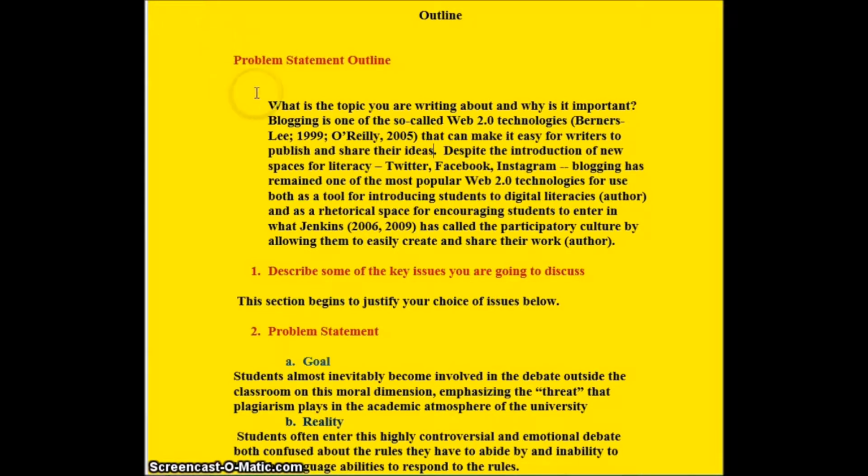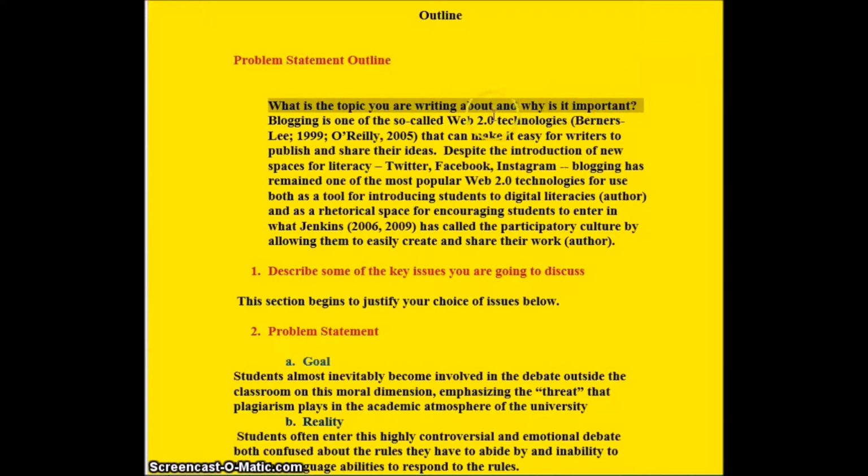The first question that you need to answer in the introduction is, what is the topic and why is it important? So the goal is to tell the reader exactly what the paper is about and why the reader should read the paper. Okay?